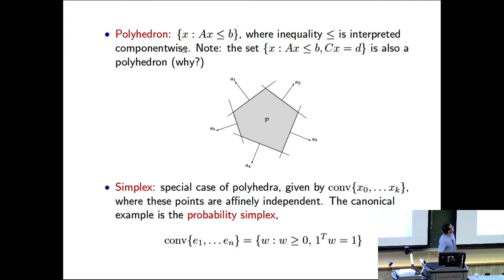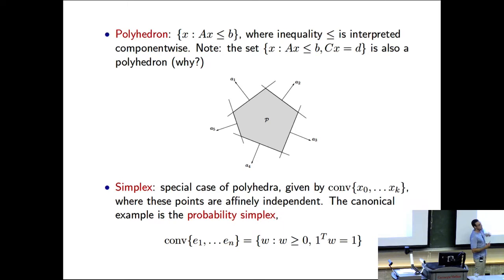So that's a generic form of a polyhedron. We can also have equality constraints that define a polyhedron. So why is this still a polyhedron? Somebody tell me why that's okay? Yeah. The intersection of convex and convex. So that's good. You told me that it's convex. You already told me that an operation preserves convexity, intersection.